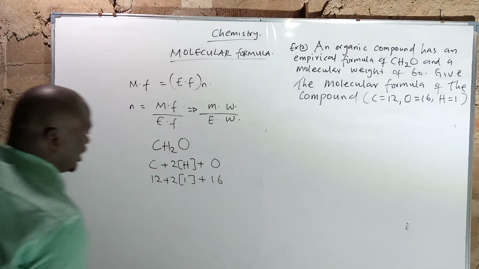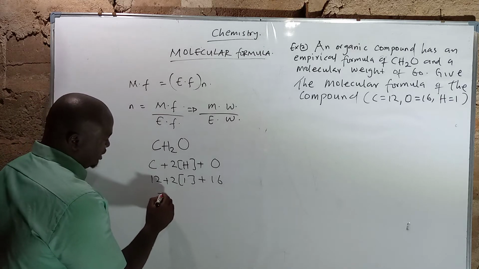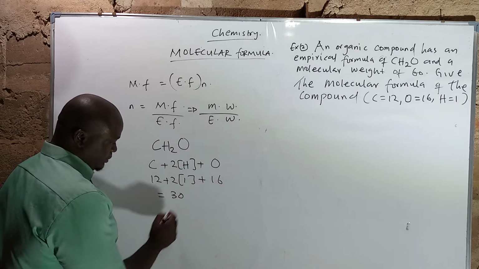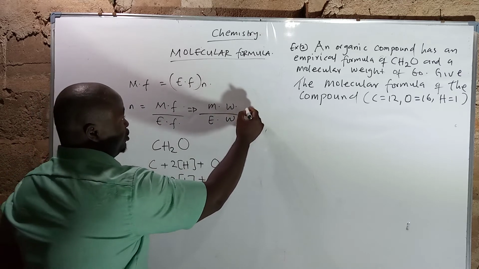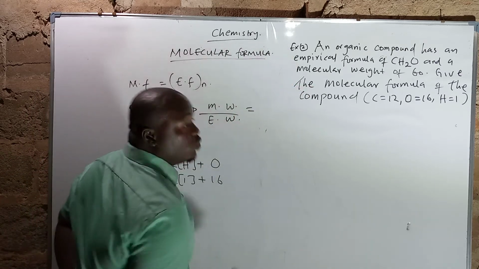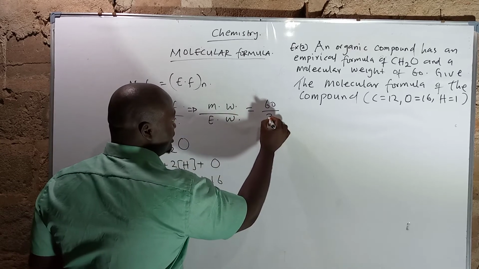Adding them together, we have 14 plus 16, which gives you 30. Now, all you need to do is come to this formula, substitute it, and get your answer. Remember, the molecular weight is 60 divided by 30.